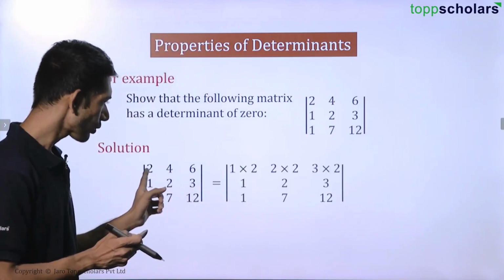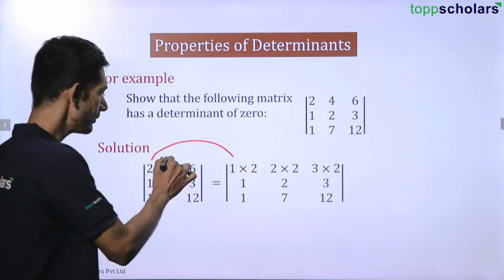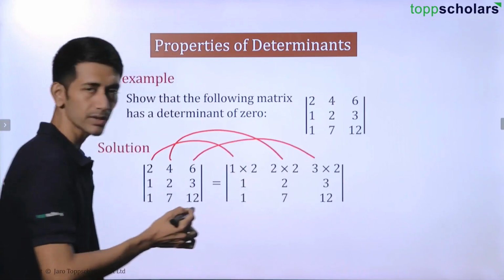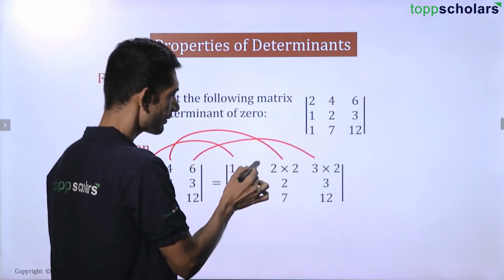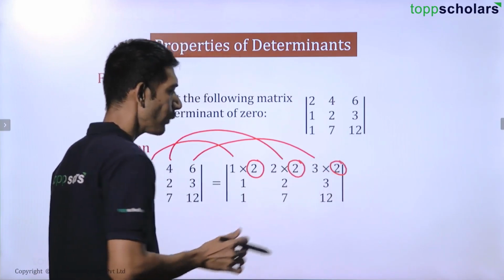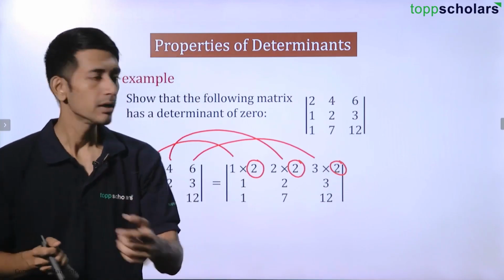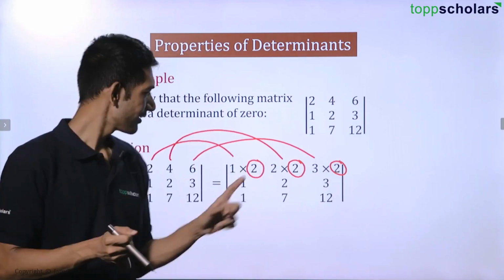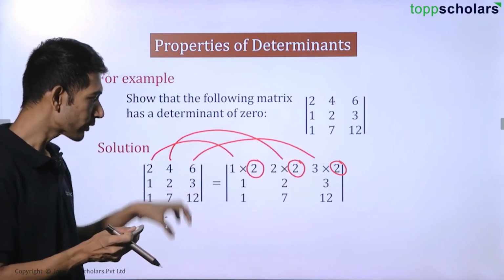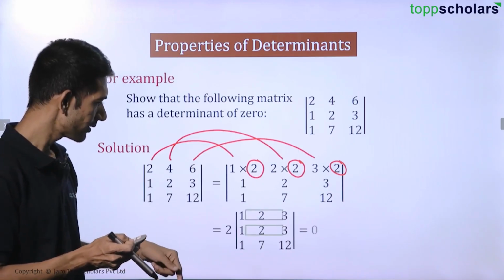So the first row, see how I am writing. 1 2s are, 2 2s are, 3 2s are. Now can I say 2 is common in the first row? Now whenever you have an element common in any row or any column, you can take it outside. So I can take this 2 outside the determinant. If I take this 2 outside the determinant, what will be left inside the determinant? See.